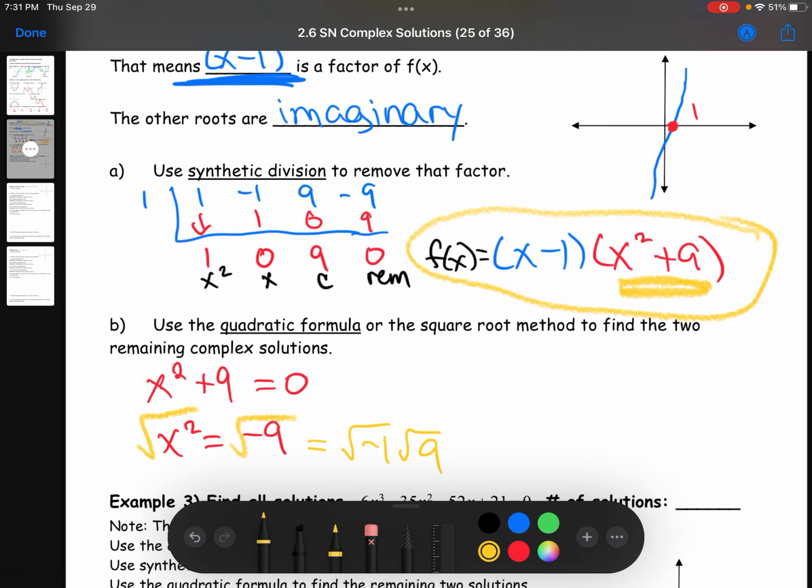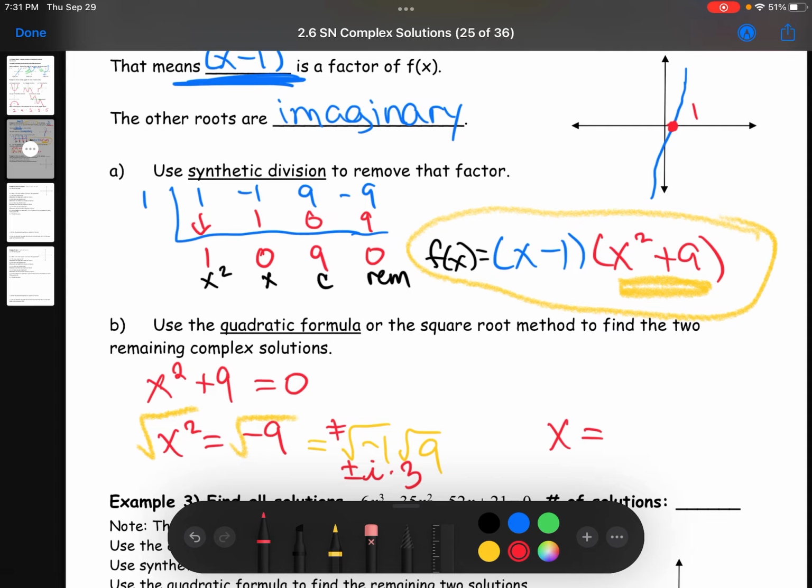So what we need to do is factor out that square root of negative 1. So negative 1 times square root of negative 1 times square root of 9. So here, x equals that square root of negative 1, which is i. Square root of 9 is 3. And since we took a square root, there is a plus minus sign here.